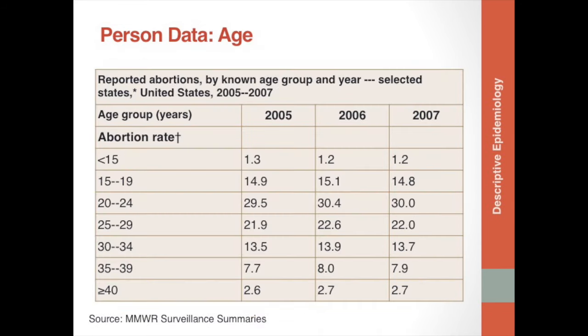In this example, person data is categorized by age. The table shows the reported rate of abortions, which is the number of abortions of women in a given age group per 1,000 women in the same age group. The data is displayed by age group and year from 2005 to 2007.